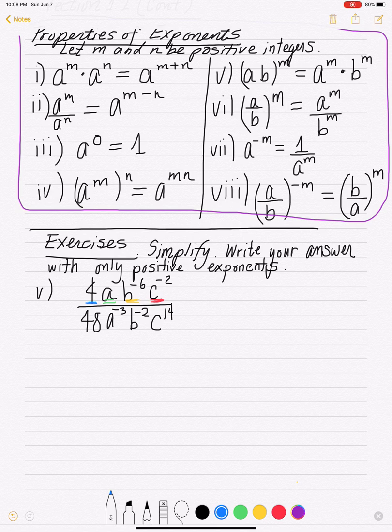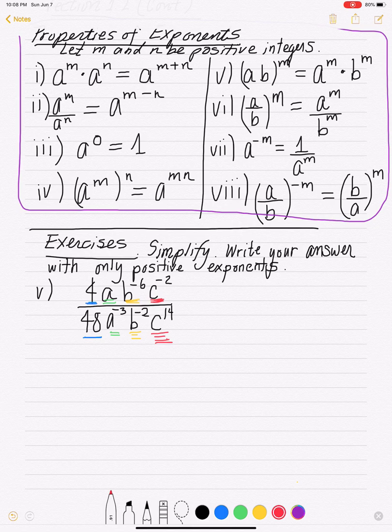On the bottom we have the coefficient, which is 48. We have the green a component, we have the yellow b component, we have the red c component, c to the 14th right there. Now, is there some big exponent over the top or some big exponent over the bottom? No. So there's no distributing exponents here.